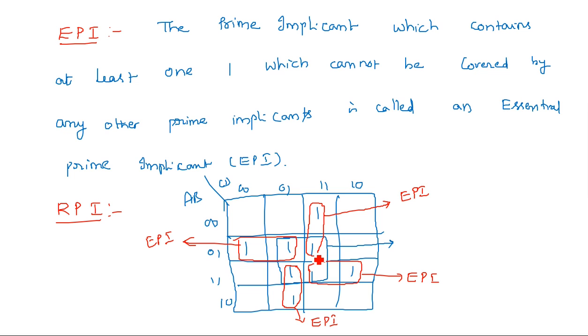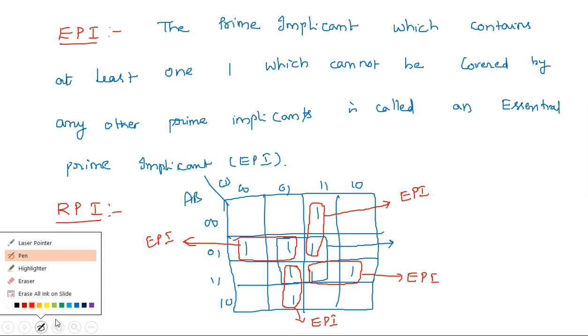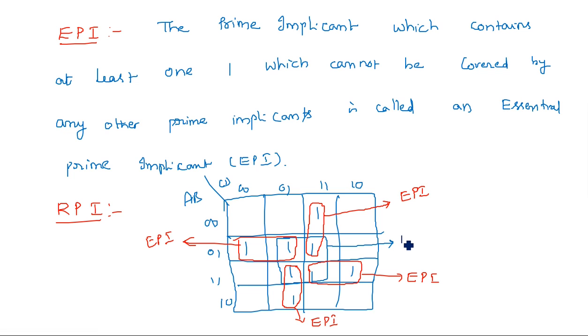Is there any need of doing the same again? No need. Still, if you want to do that, that will become a redundant prime implicant. A redundant prime implicant is the one in which the ones are already mapped with essential prime implicants. Still, if you are doing the same, that is nothing but redundancy, repetition. So that is known as redundant prime implicant.